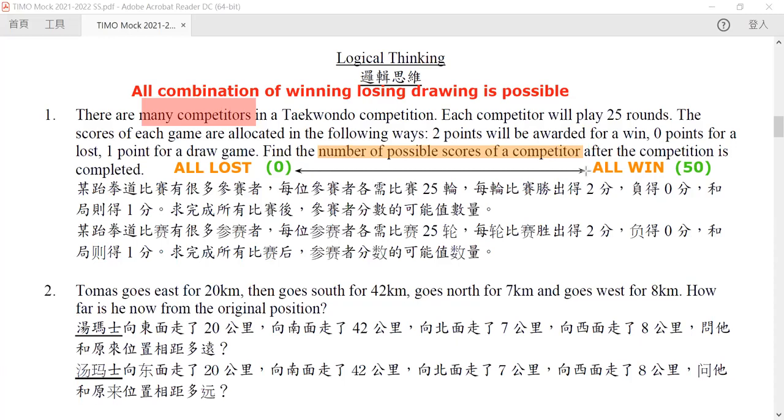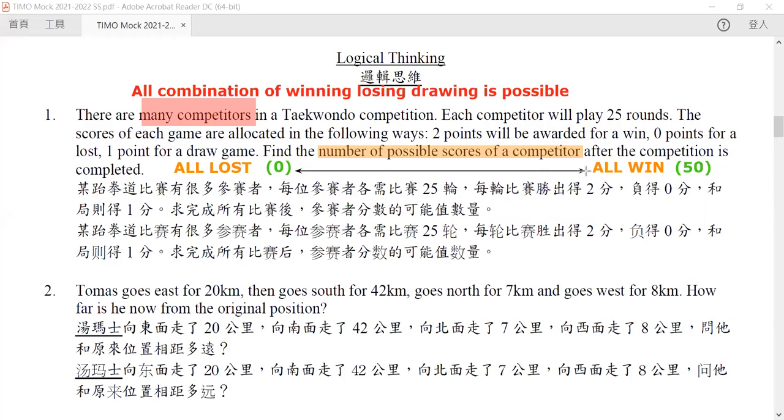Now, the only thing that we need to think about is, is there any point which is impossible to get? Now, this impossibility is not because there are not many competitors. As we have stated, there are many competitors, so all combinations are possible. But sometimes some points are impossible to get. For example, in here, if instead of 1 point for a draw game, we allocate 0 points for a draw, so it's either 2 for a win and 0 for a loss and draw.